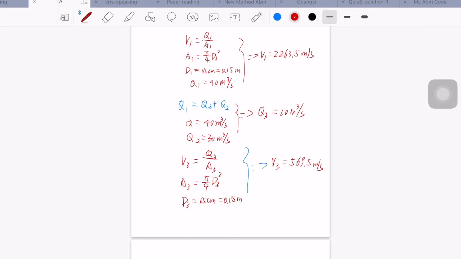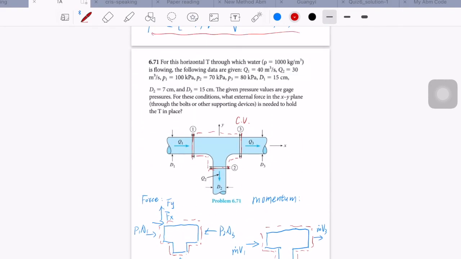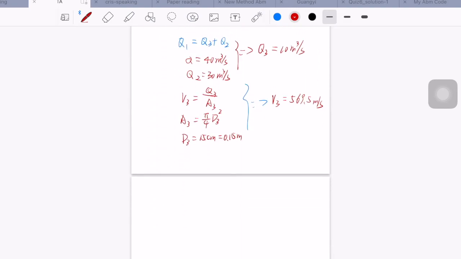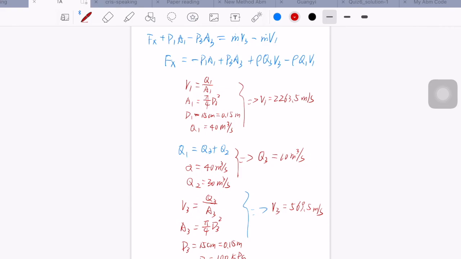And from the problem, we know the P1 is 100 kilopascal and P3 is 80 kilopascal. So we can calculate that.